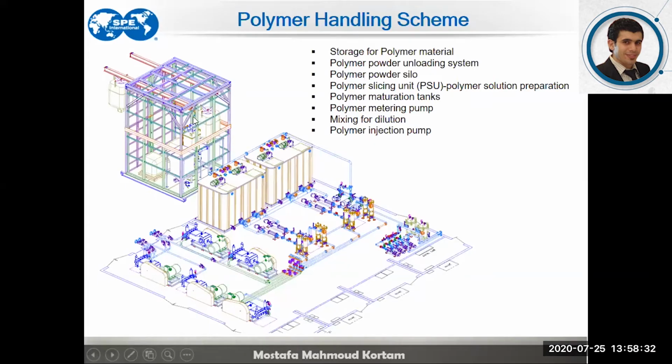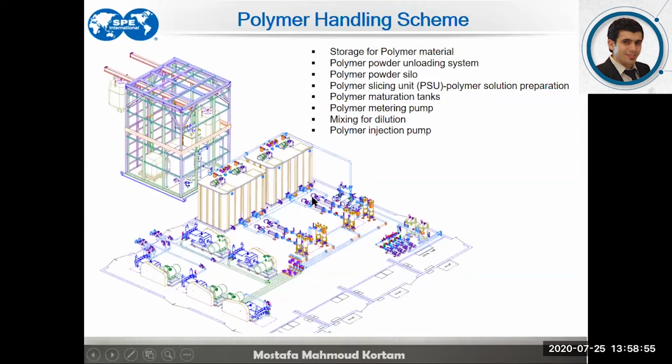The powder silo controls the amount of the polymer powder that is being moved and disposed into the tanks or those units which we call a polymer slicing unit or polymer solution preparation unit. And the task of this unit is to prepare a thick polymer solution.